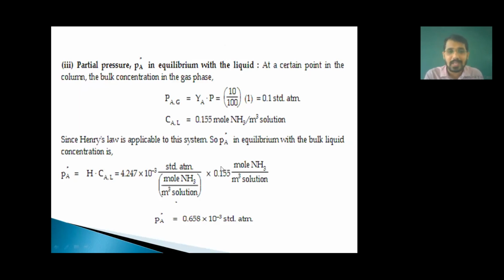But this PA is nothing but the composition of the component in the liquid phase in terms of pressure, that is the partial pressure PA in equilibrium with the liquid.